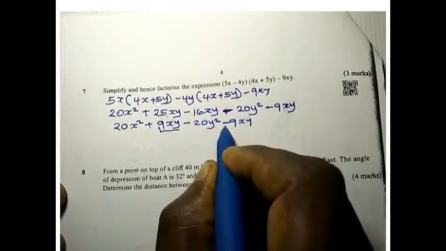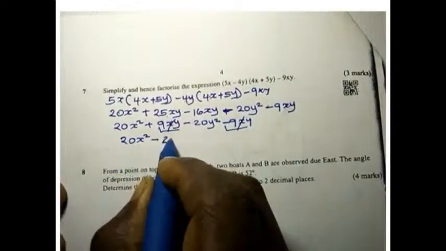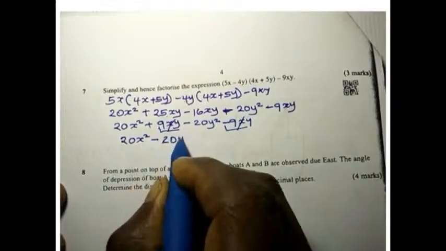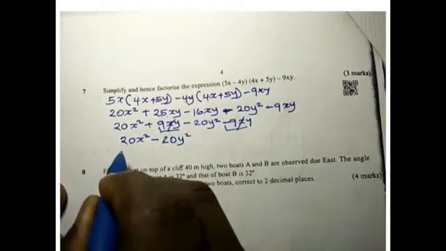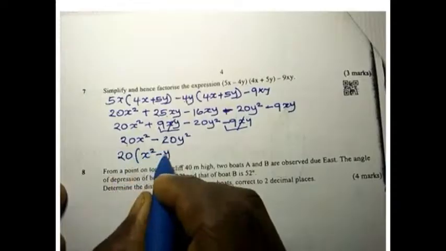This and this one will cancel out, so that we have 20x squared minus 20y squared. 20 is common, so we have 20 into x squared minus y squared.